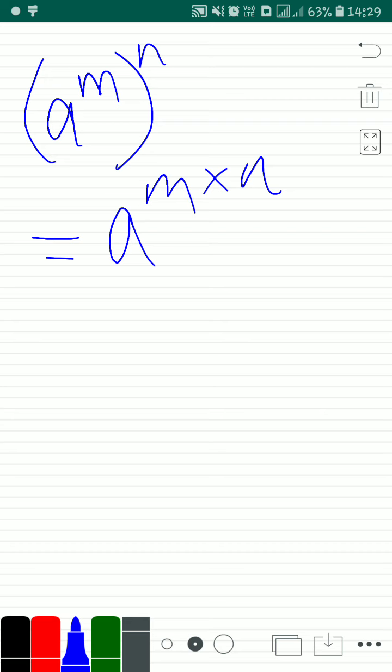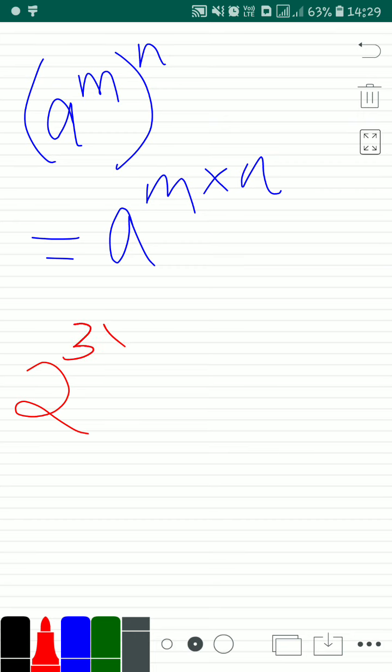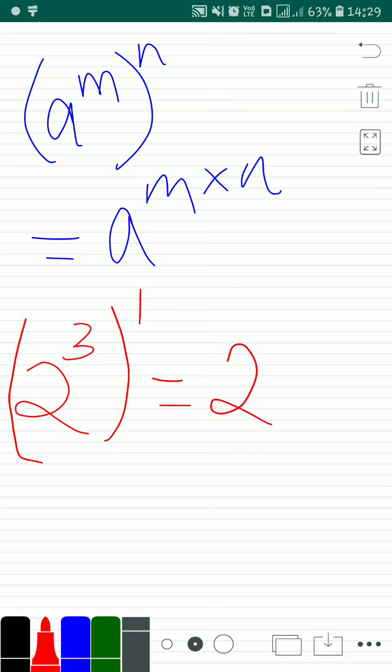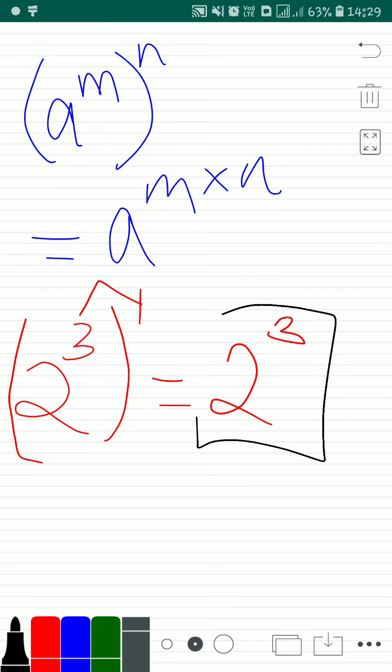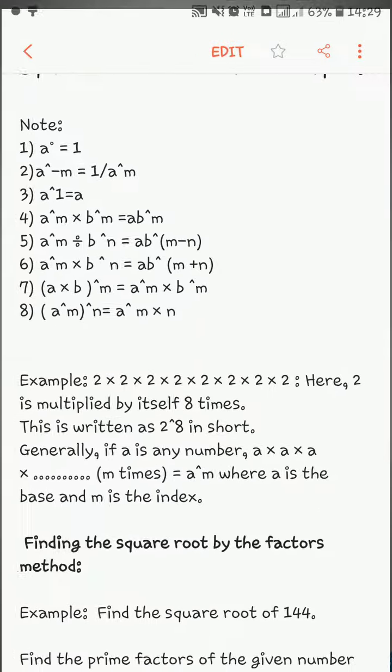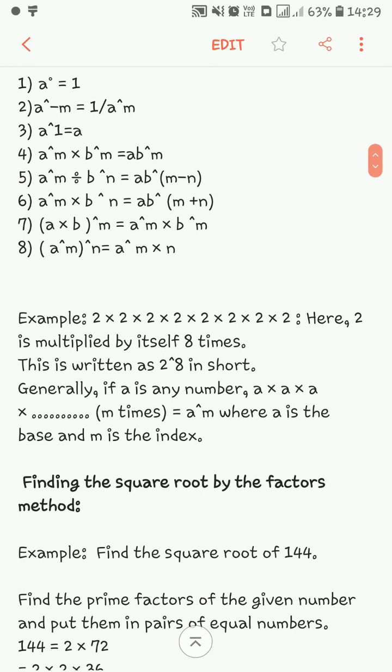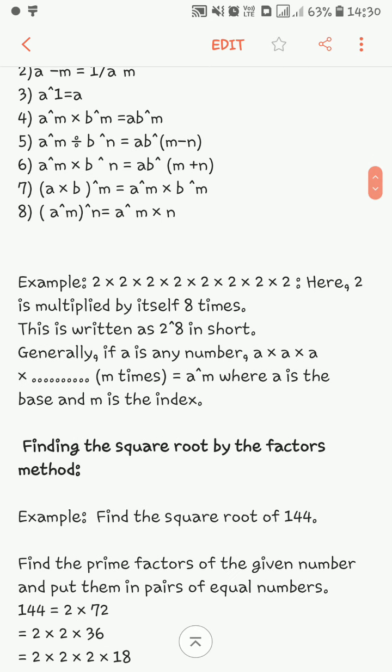For example, if my a is 2 and my m is 3 in the bracket and the n is 1, then my answer a will be 2 as it is, and 3 into 1 will give me 3. So this will be my final answer. So these are the rules of indices which we have done right now.